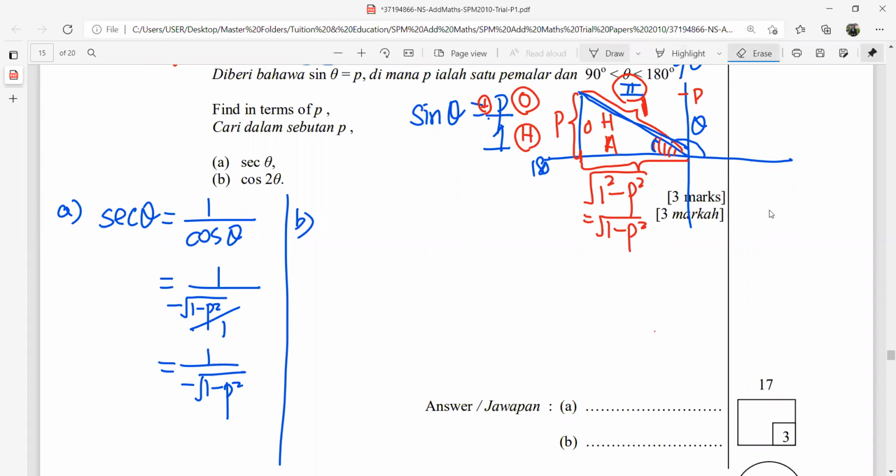Sine theta you got already. You find your cos theta. Cos theta is negative square root of 1 minus p squared over 1. Adjacent is on top, over hypotenuse 1. Tangent theta is opposite over adjacent.